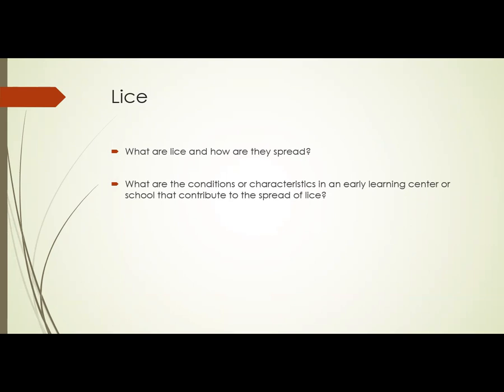They spread only through close head-to-head contact, like when kids play or share personal items like combs, hats, or headphones. They cannot jump or fly, but they do crawl very quickly from one person to another. So it's important to educate children about personal hygiene and encourage them not to share personal items to help prevent the spread of lice. Part of your health education can be educating them about lice and helping prevent the spread there.